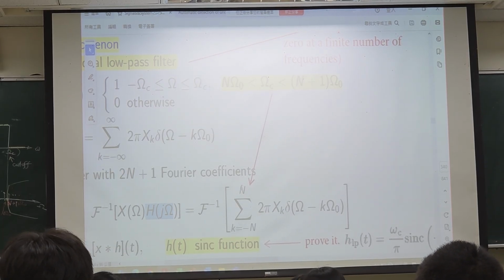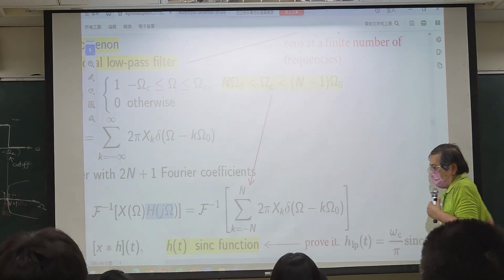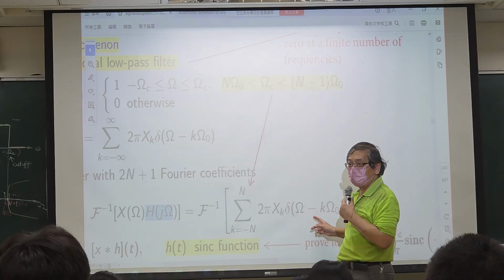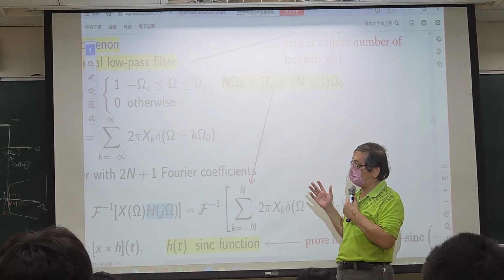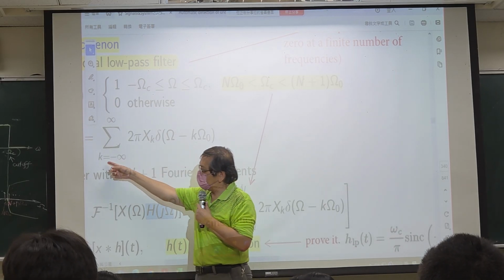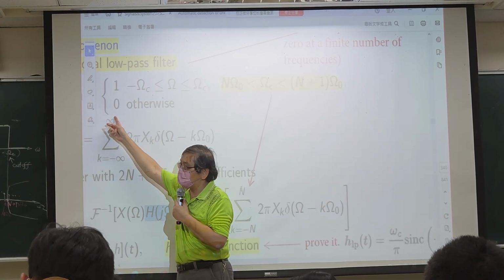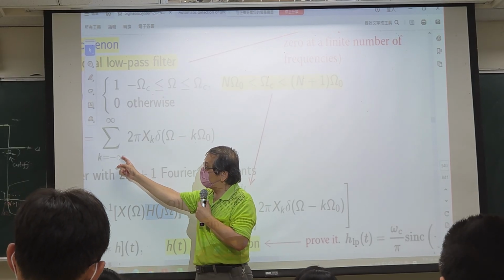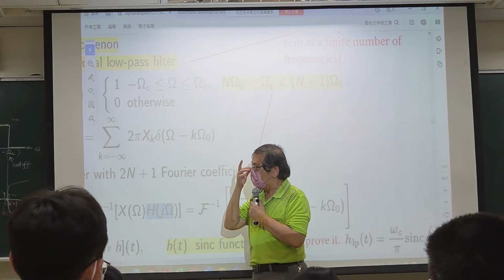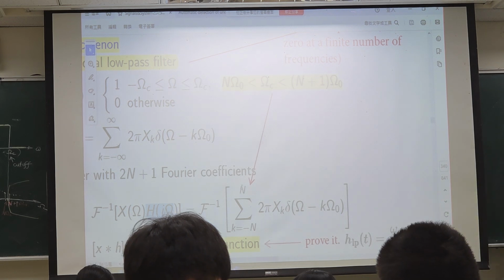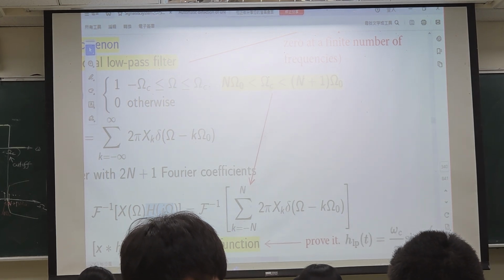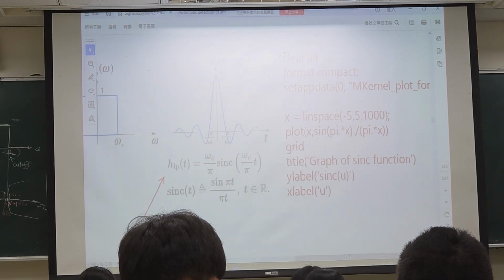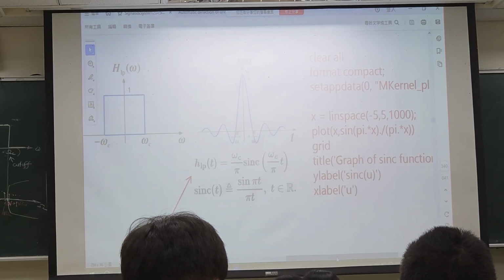So only the finite terms from negative N to positive N are left. Let me repeat what I said. Originally, your signal has infinite frequencies, from negative infinity to positive infinity. But once you go through the low pass filter, again, one more time, this is the low pass filter.